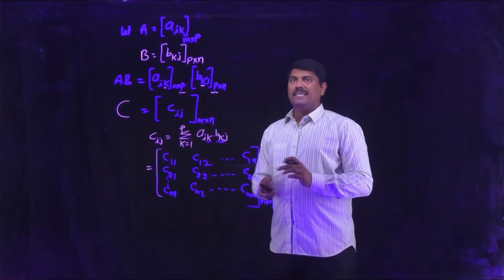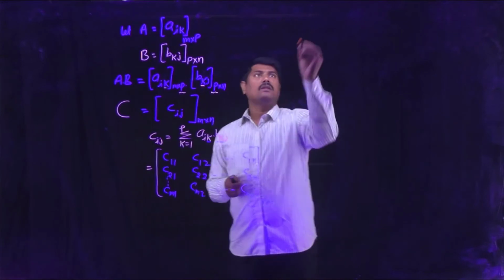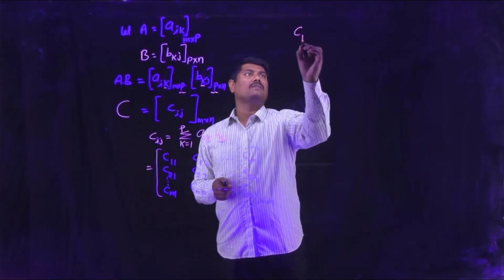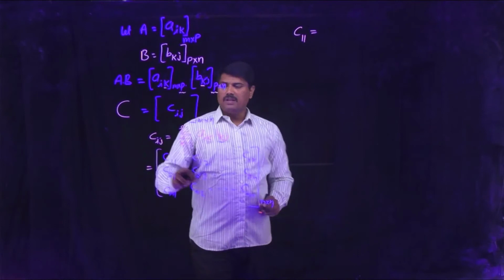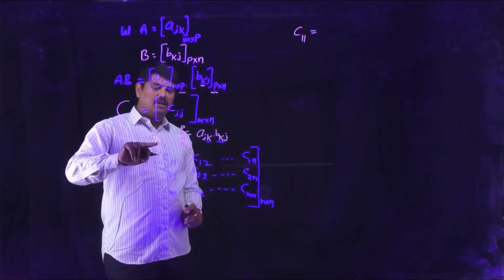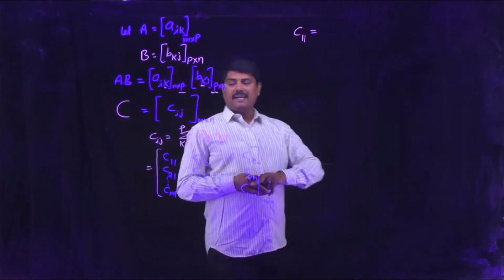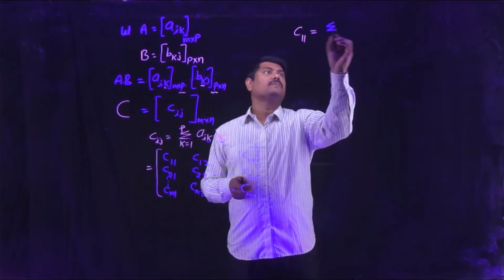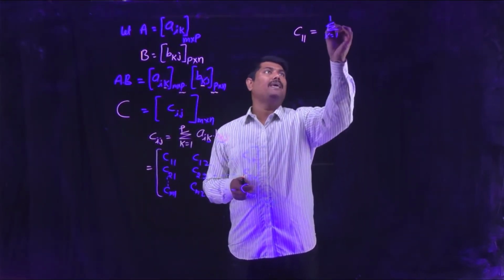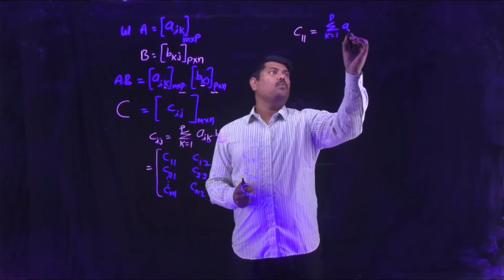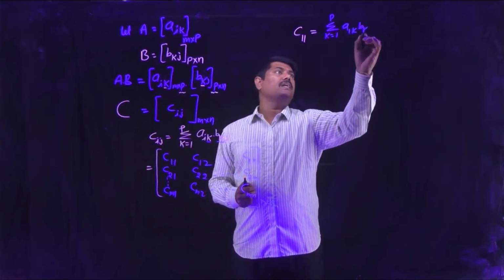Now what is c_11? Observe, you have to substitute i with 1 and j with 1. That means you will get the summation k equal to 1 to p of a_1k b_k1.